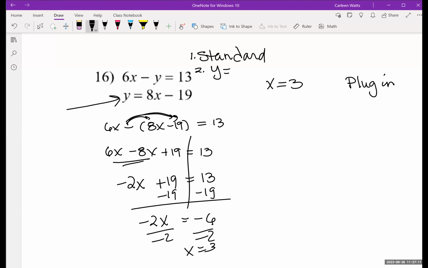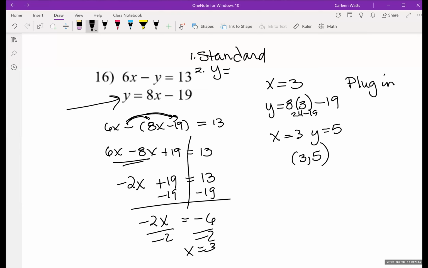Now, do we see that that one is a lot easier to plug in and solve for y? Y is equal to 8 times the value I got for x minus 19. Which is 24 minus 19. X equals 3, y equals 5. These two lines intersect at the ordered pair 3, 5.